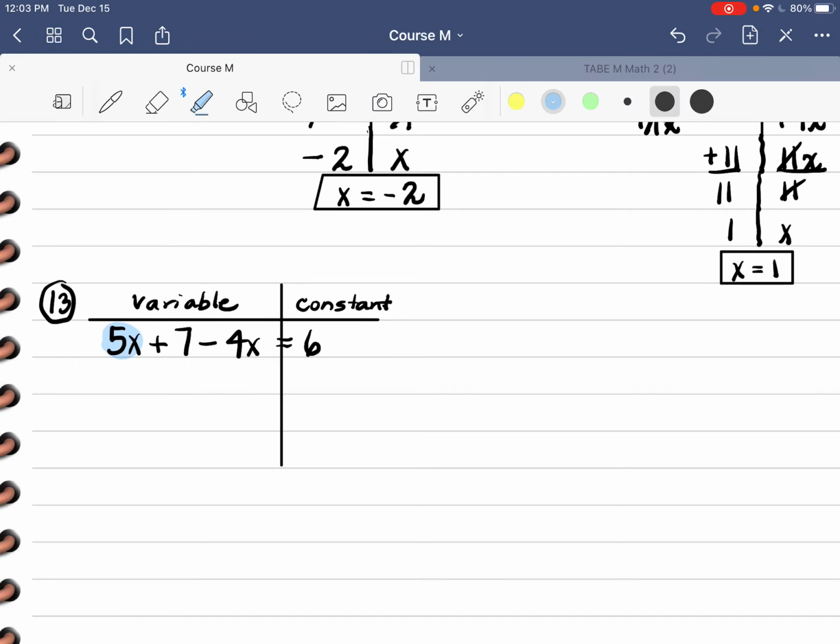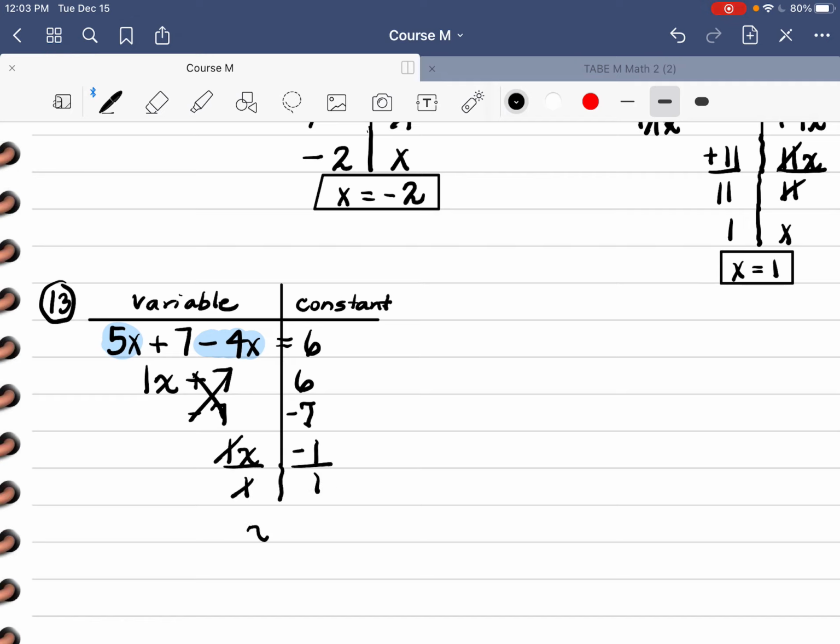I've got this 5x minus 4x, so that would leave me with 1x plus 7 equals 6. Then minus 7 is 1x and negative 1. Then go ahead and divide by 1, and you get x equals negative 1 for number 13.